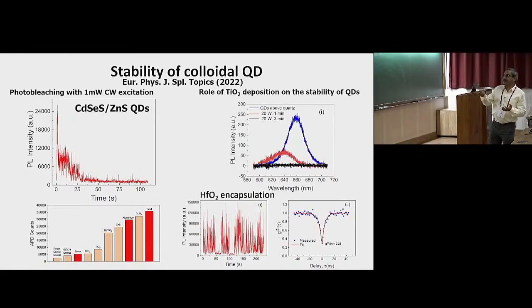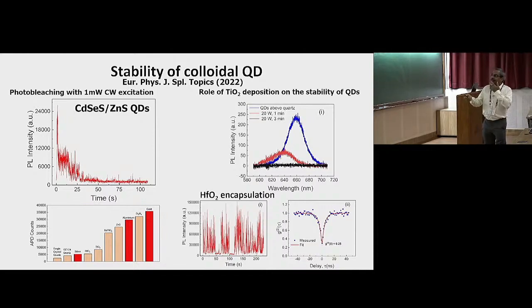This is known as photobleaching. In addition, there is another problem which these dipole emitters generally face, which is blinking. Because it's a nanoparticle, the surface is always a defect, so the excited electron can go and sit in one of the defect states and doesn't recombine for a very, very long time. It can be seconds, hours, sometimes even months. This is known as blinking.